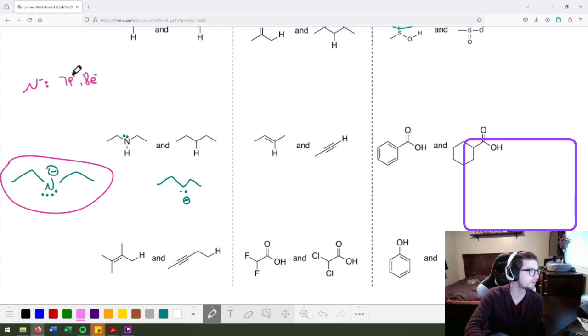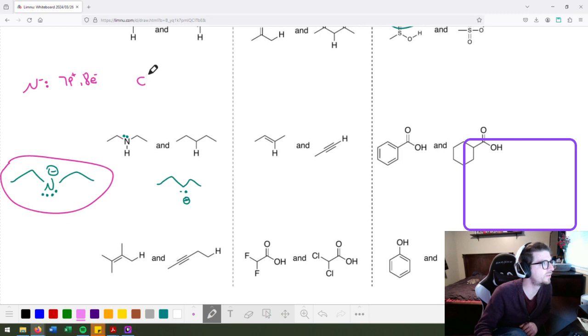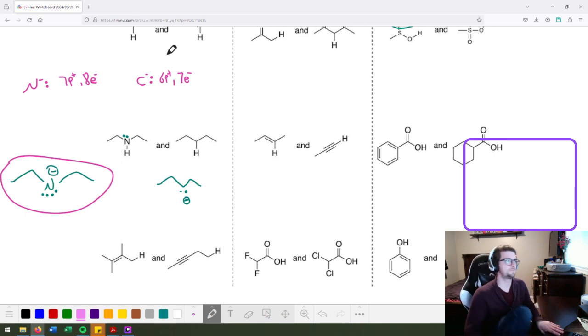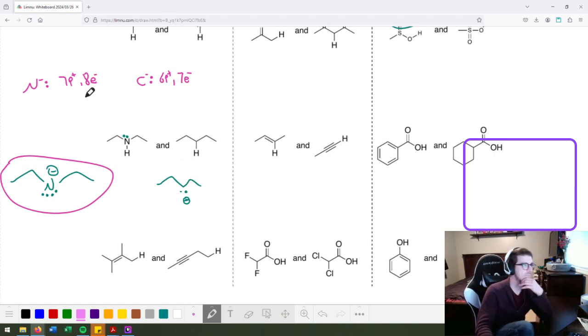Put a little minus there, a little plus there. Versus a C minus would have 6 protons and 7 electrons. Okay.